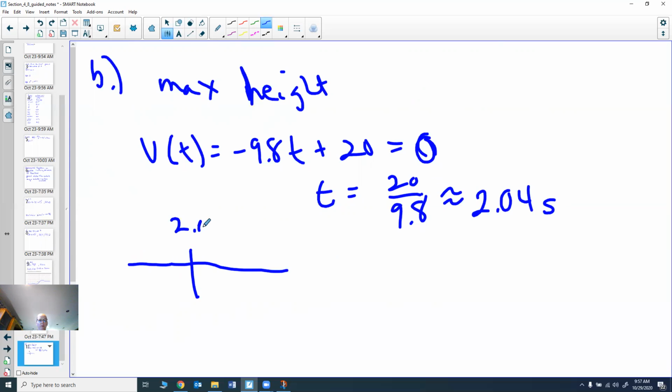Here's my 2.04. Here's my v. If we take a number less than 2.04, like 0, we get positive. If we take a number bigger than 2.04, like 4, we're going to get a negative number. So we know we're increasing, and then we're decreasing. So our maximum height will occur at 2.04 seconds.